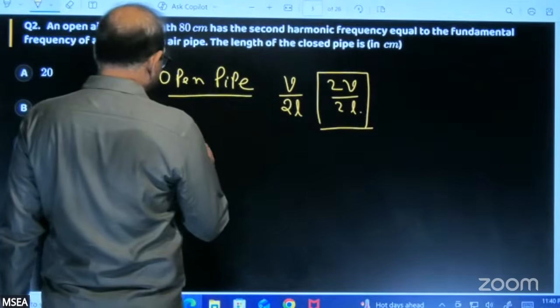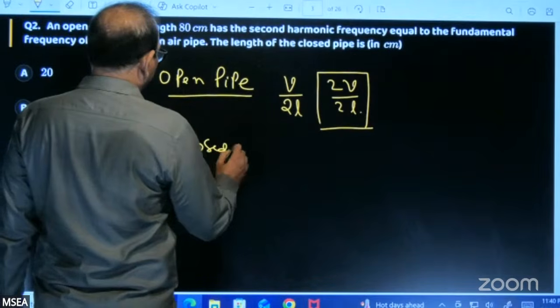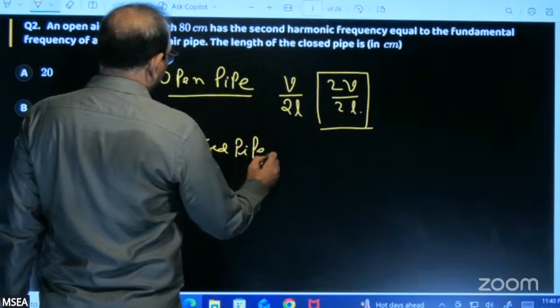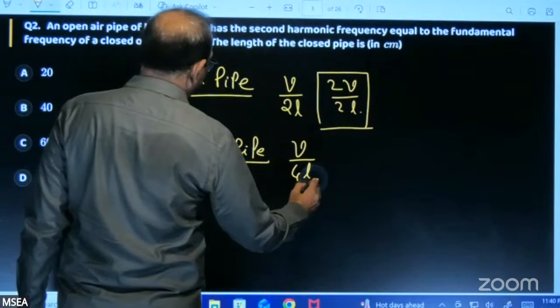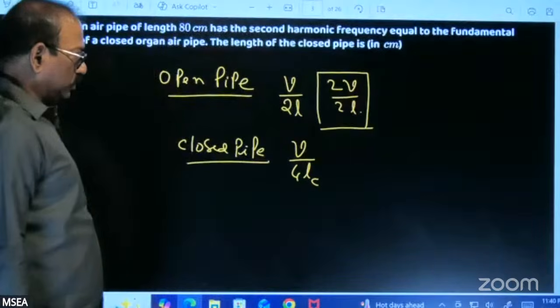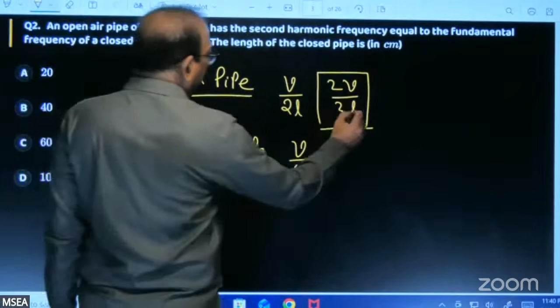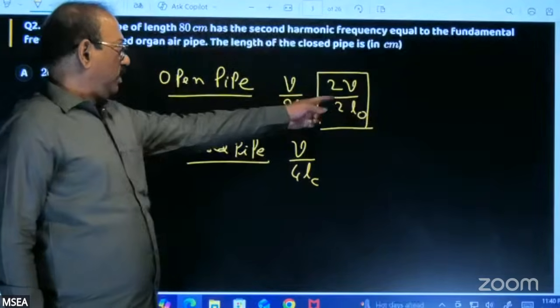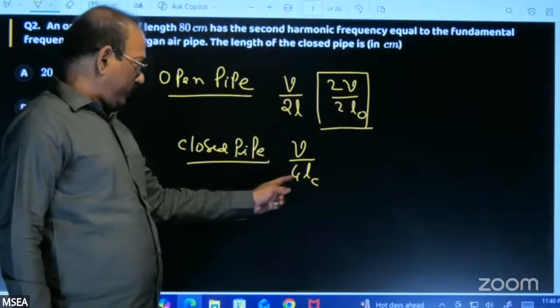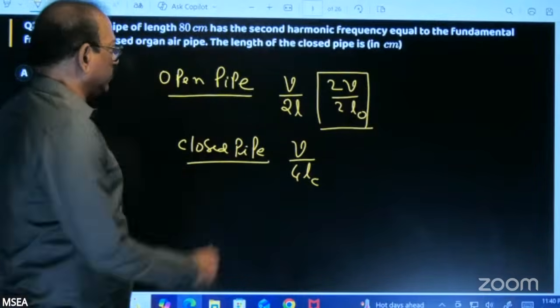Closed pipe fundamental frequency is V by 4L. LC I am writing for the closed pipe length, and L0 for the open pipe. This second harmonic of the open pipe is equal to the fundamental of the closed pipe.